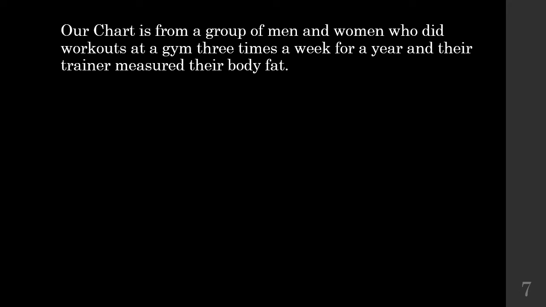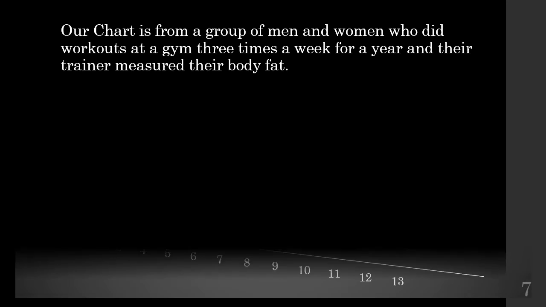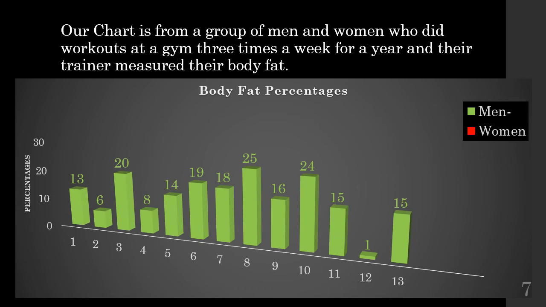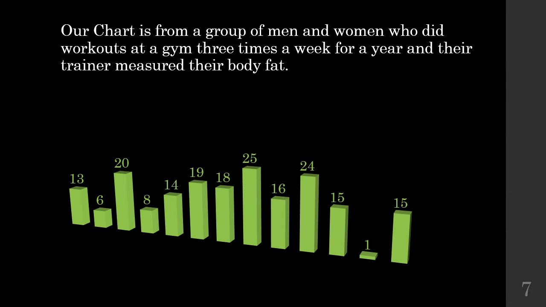Now we're going to go back to our chart of the men and women who did workouts, and we recorded their body fat percentages. Now we're going to take the men. So we're going to take the data of the men and try to find the measures of dispersion. So we're focusing on these values.